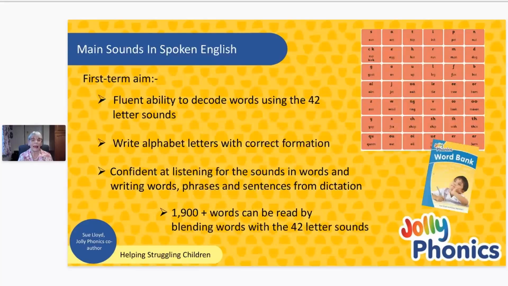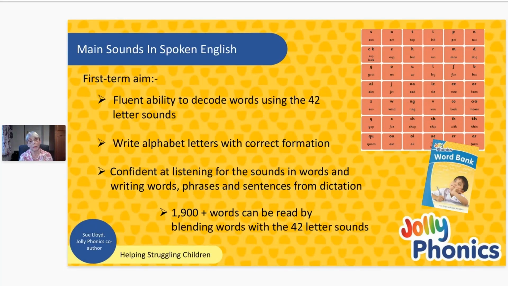But if you keep it down to the simple aspects, in the first term, what you want them to do is to master these 42 letter sounds on the right-hand side, and not just know them, but how to work out words that use them. And you're teaching them how to use them as well, with lots of blending.